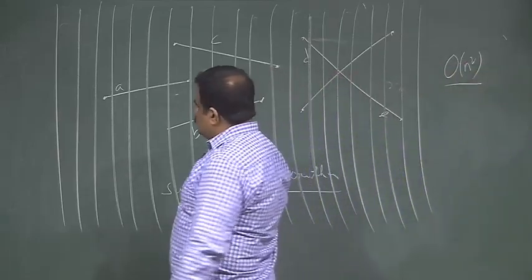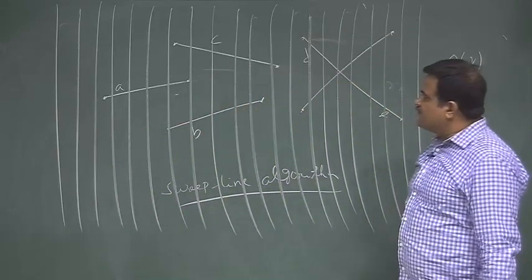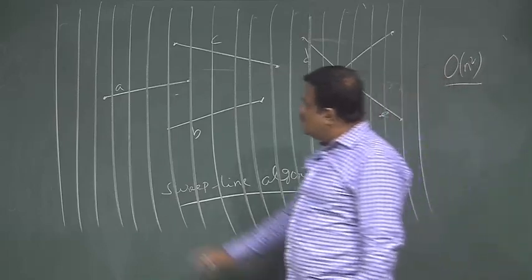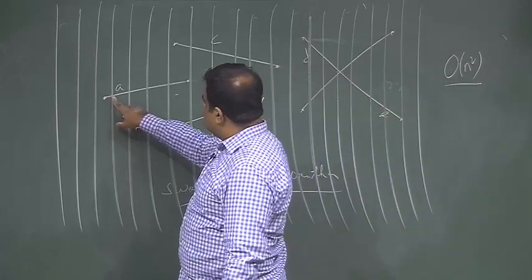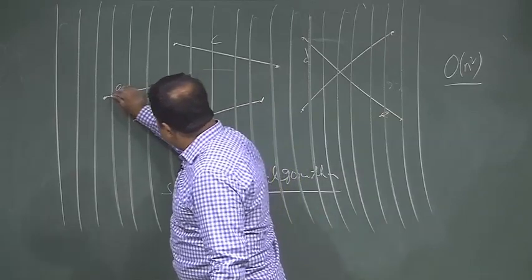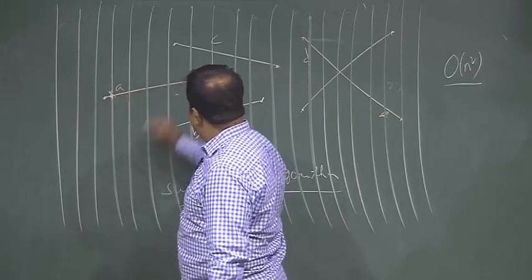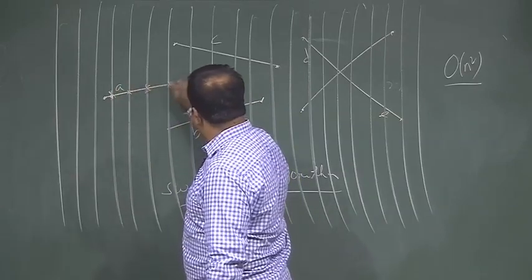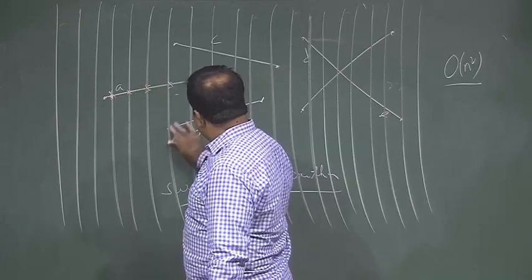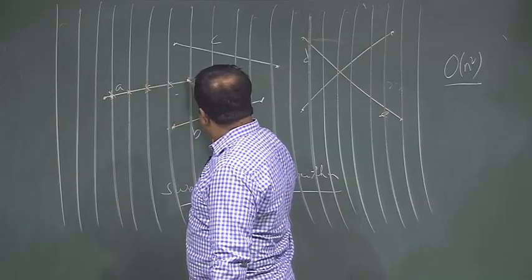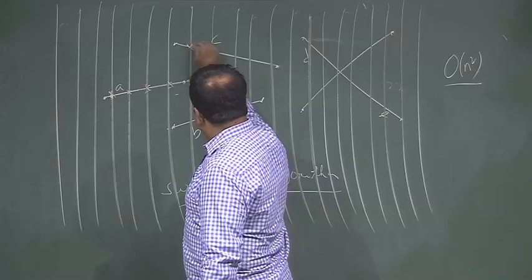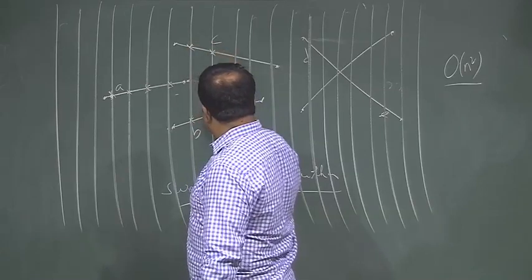Now, while moving, what do we observe? We observe the ordering of these intersections, the intersect points with the lines.